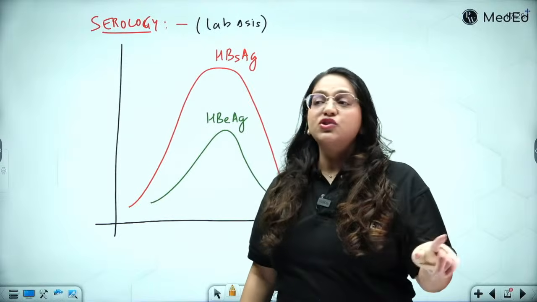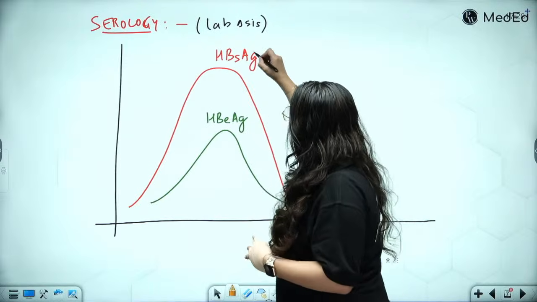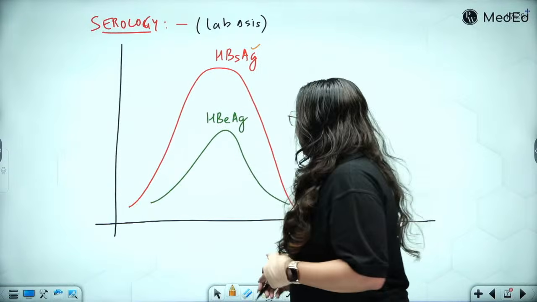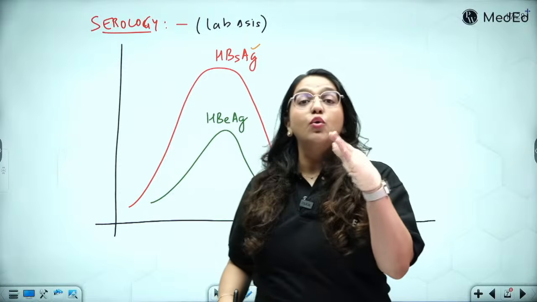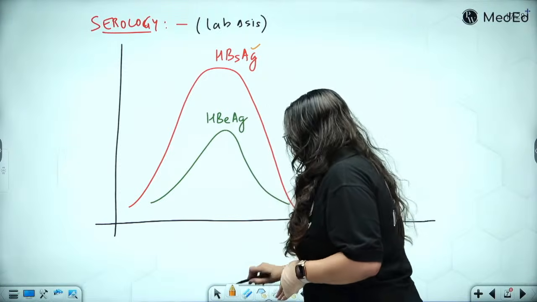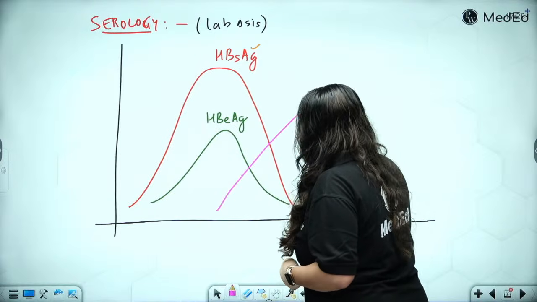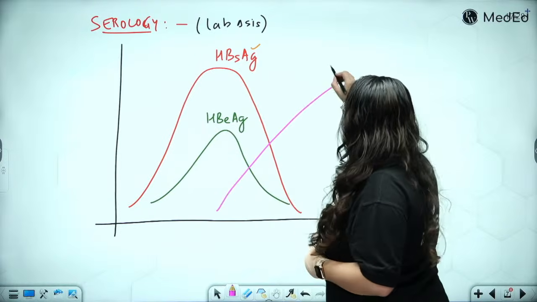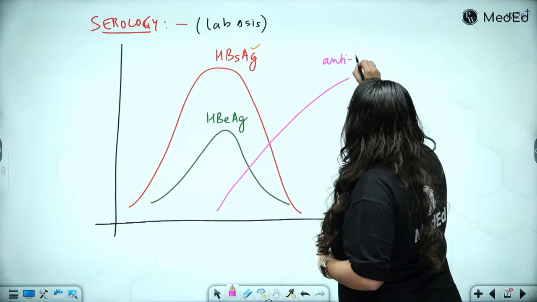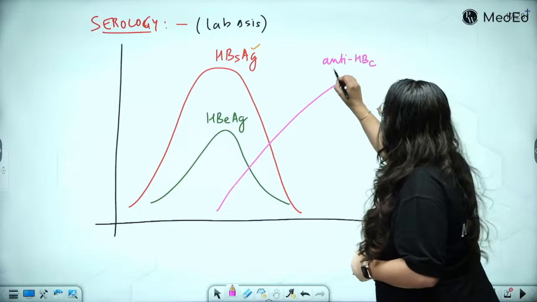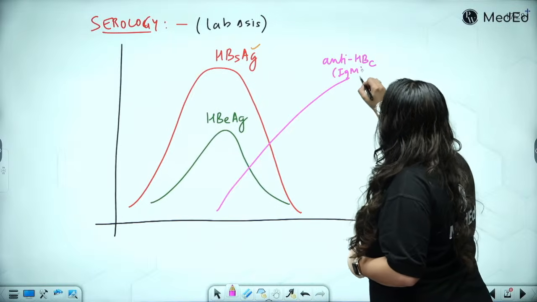So please do not say, yes, the first antigen to rise is the surface antigen, but the first antibody to rise is the antibody against the core antigen. That is going to start rising right here. It is anti-hepatitis B core antibodies. Of course, the first set of antibodies which will come will be IgM.